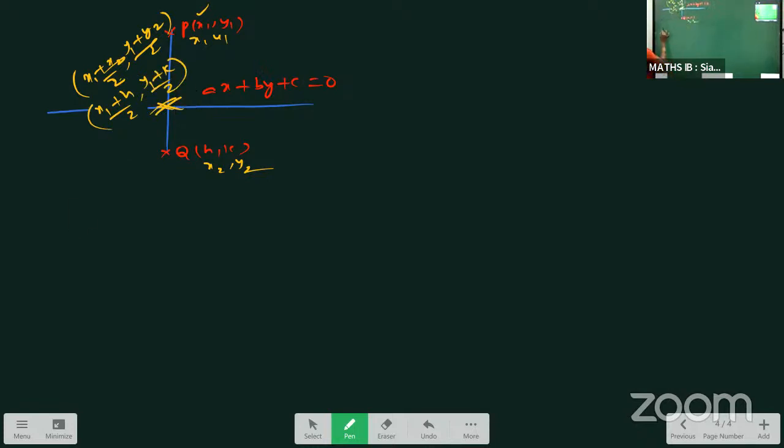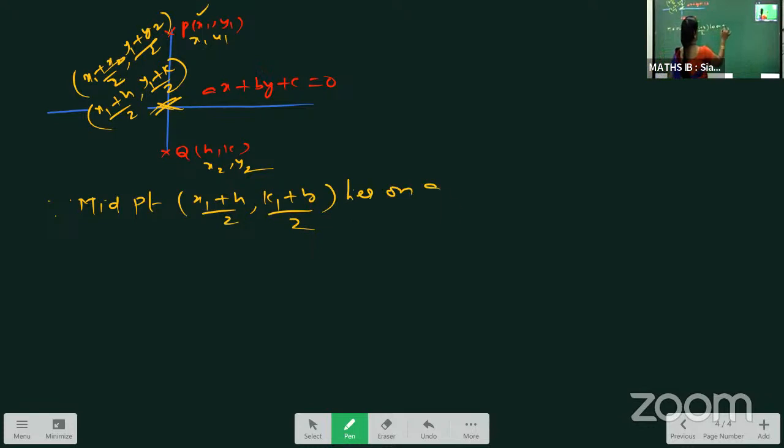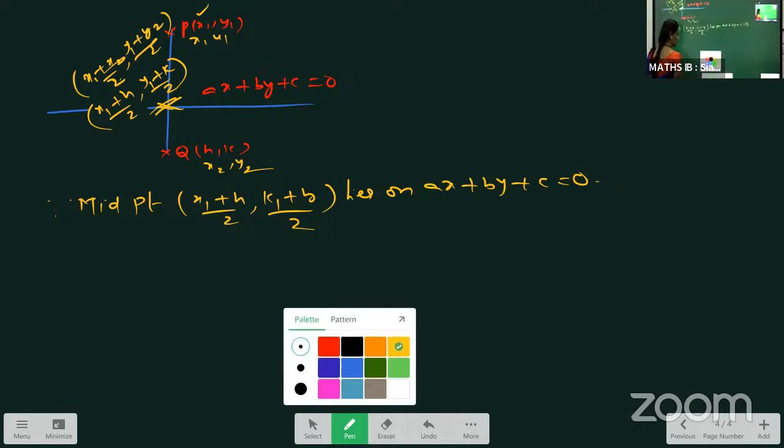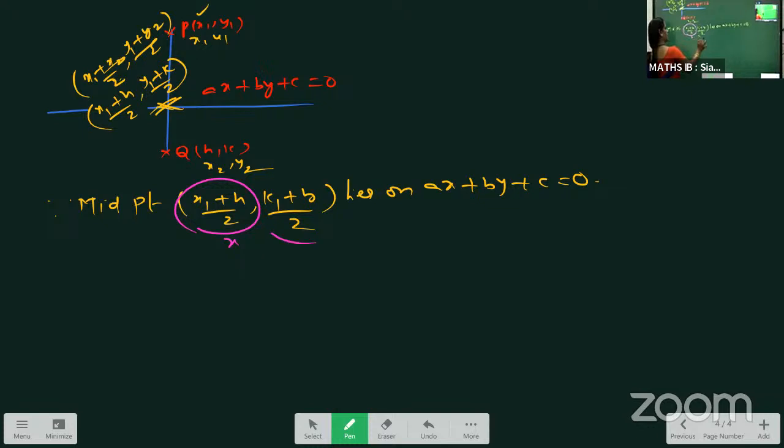So now the midpoint x1 plus h by 2 comma y1 plus k by 2 lies on ax plus by plus c is equal to 0. Lies on means what we have to do is consider this one total as x and this one total as y, and substitute there.